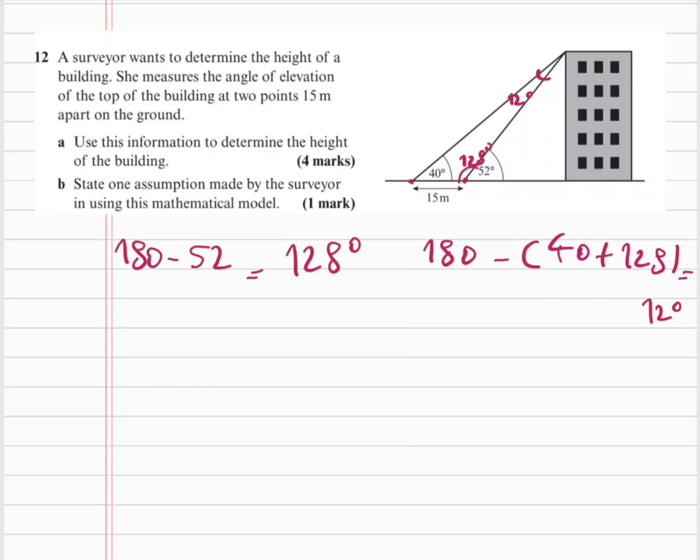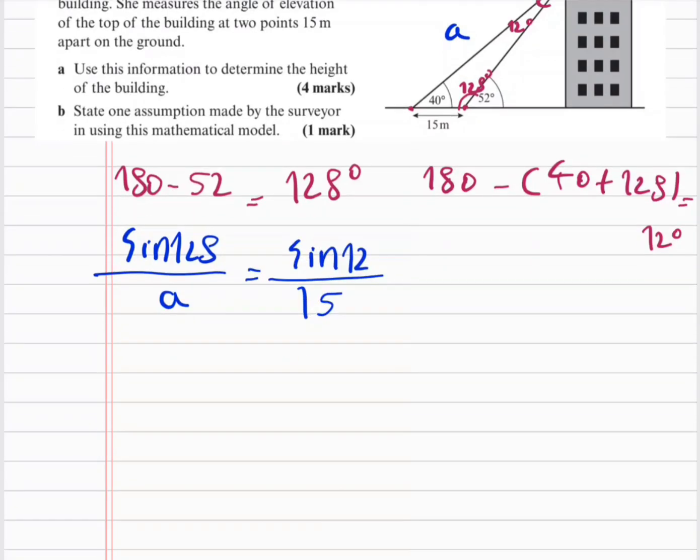So we can use the sine rule now. We can call this a, and write sine 128 over a is equal to sine 12 over 50.